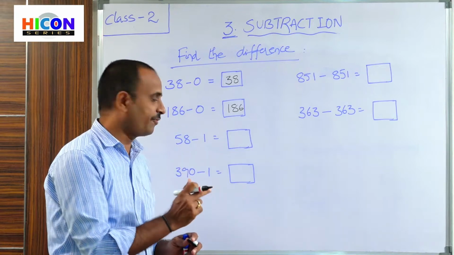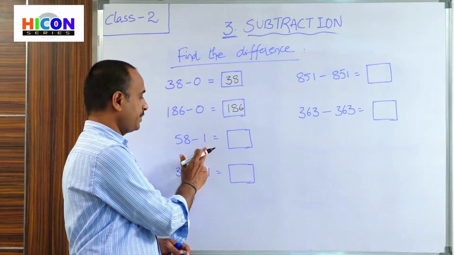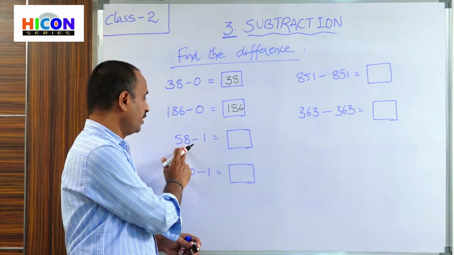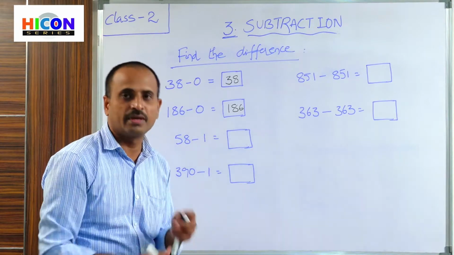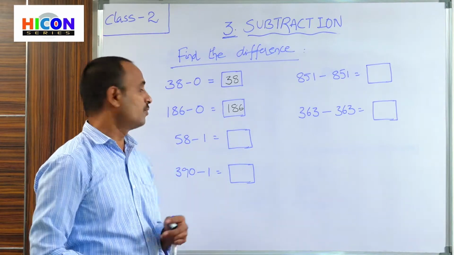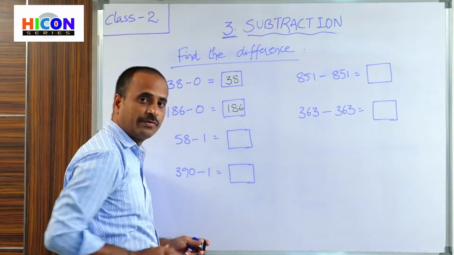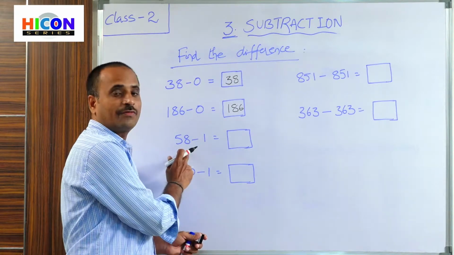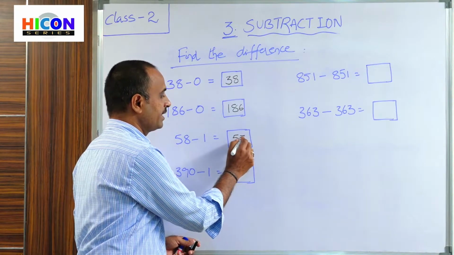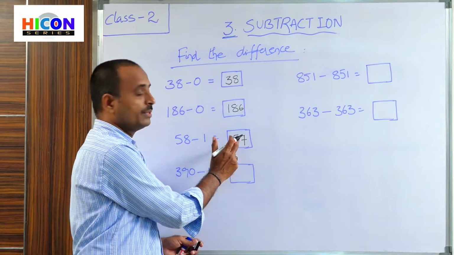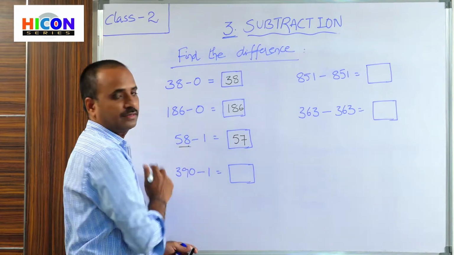According to the subtraction fact, if 1 is subtracted from any number, we get its before number, that is, its predecessor. What is the before number for 58? The before number for 58 is 57, and it is called the predecessor of 58.